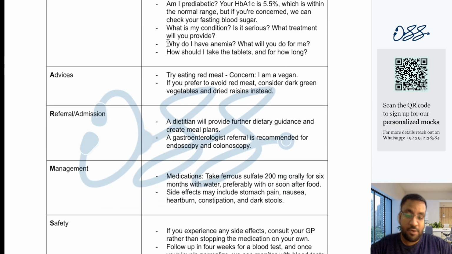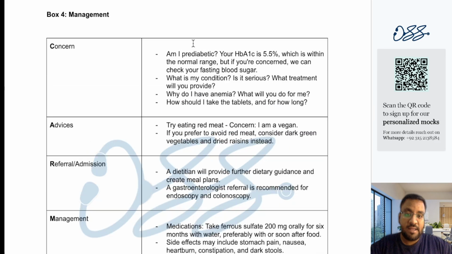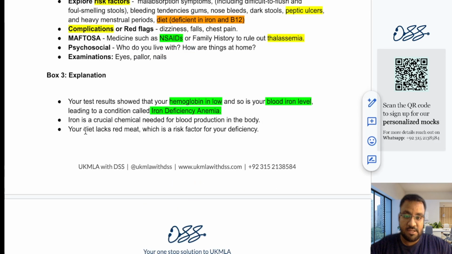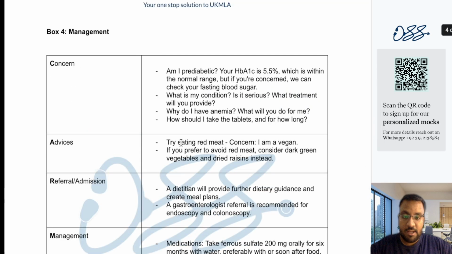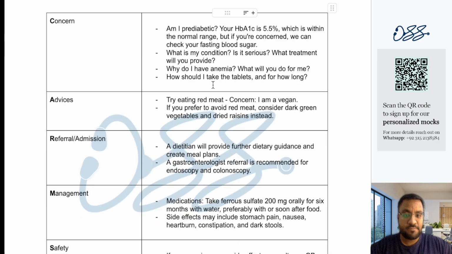We've already discussed this: you have anemia because your diet lacks red meat, which is an important source of iron. Then they may drop some more concerns when you talk about the medication: how do I take the tablets, and for how long should I take them? So I've listed down all the concerns over here.